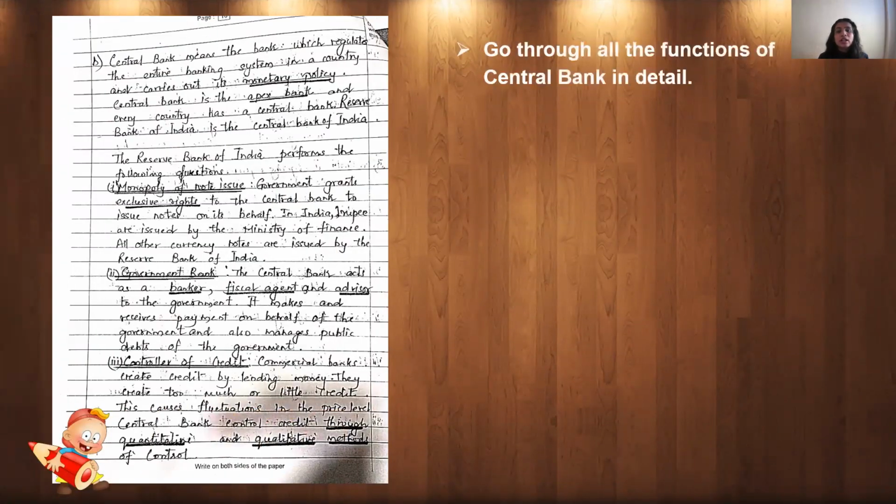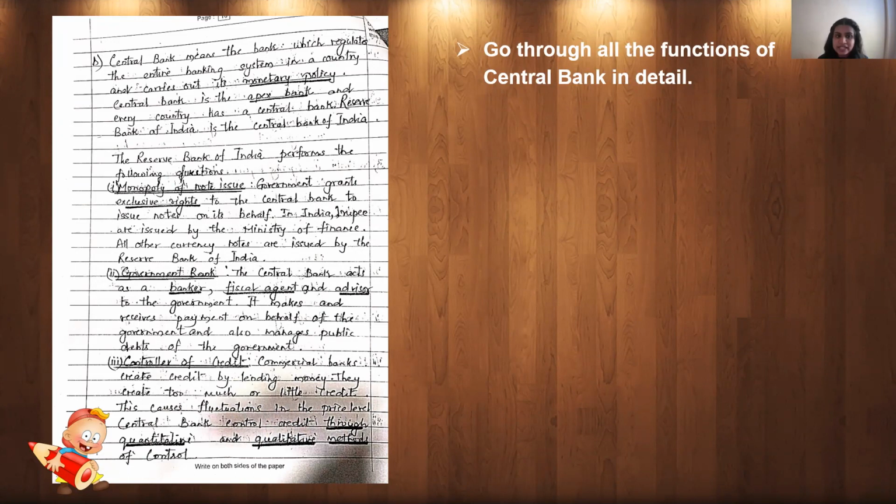Next, go through all the functions of the central bank in detail. Now, it has been noticed that students tend to make mistakes in this particular answer. Why? Because there are diverse functions of the central bank. When one specific function is asked and you're supposed to explain that particular function, students do not read the question correctly and they end up writing some other function of the central bank.